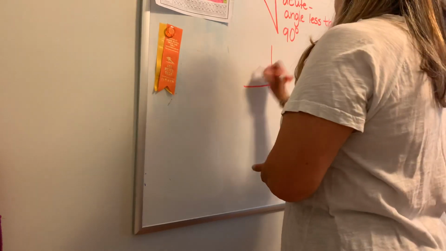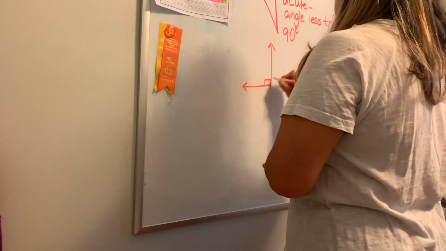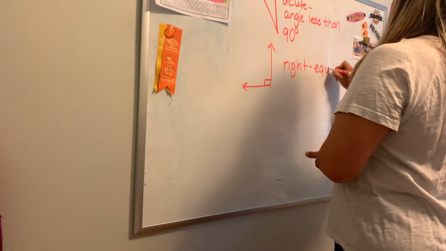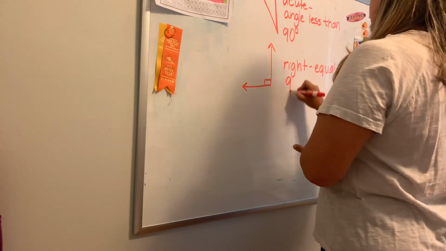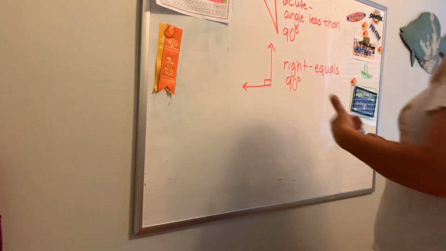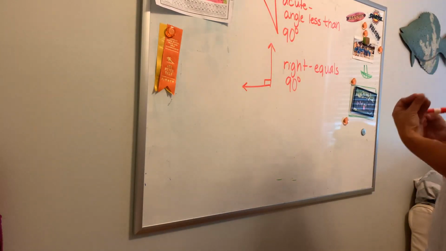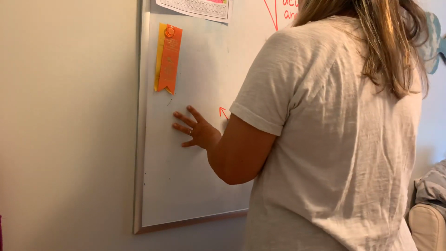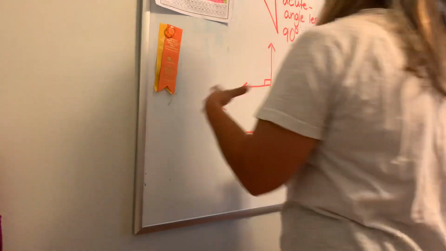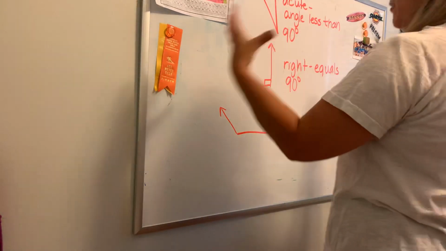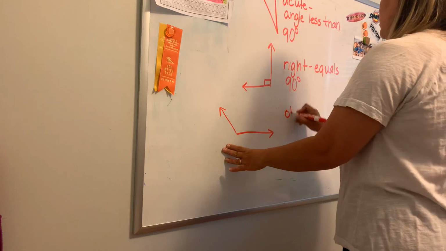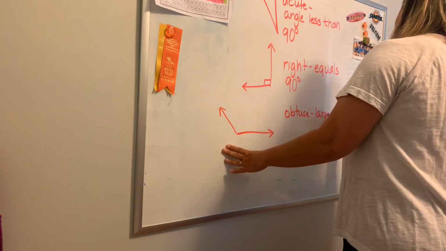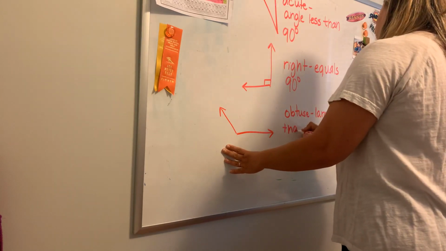A right angle is just right. It equals exactly 90 degrees. So we're comparing them all to a right angle. An acute is less than 90, right is exactly 90, obtuse, someone that is obtuse, really full of themselves. So the big ego. So obtuse is larger than 90 degrees.